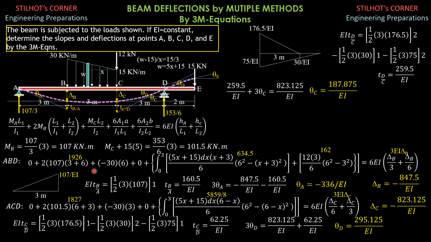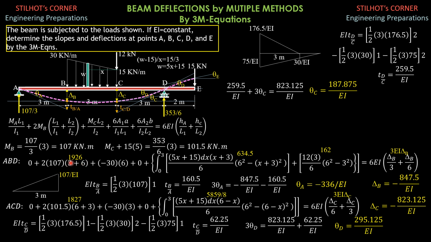So substitute into the guide formula: moment at A is 0, plus 2 times moment at B, quantity L1, the length of AB, divided by moment of inertia. Because moment of inertia is constant, we just treat I1 and I2 as 1.